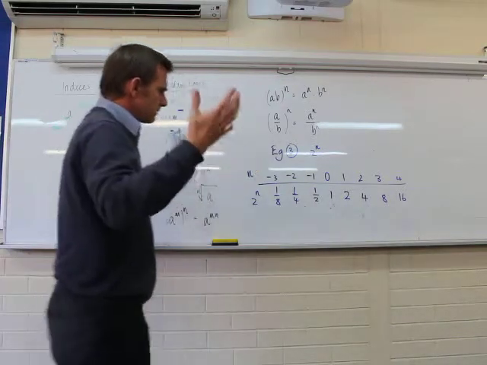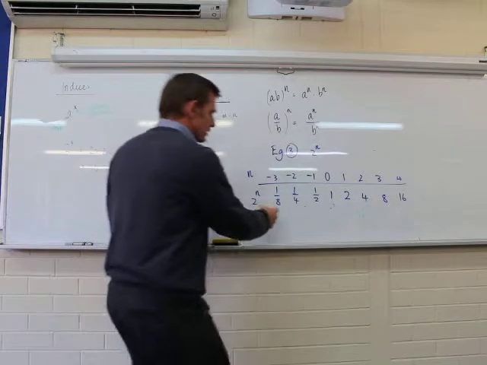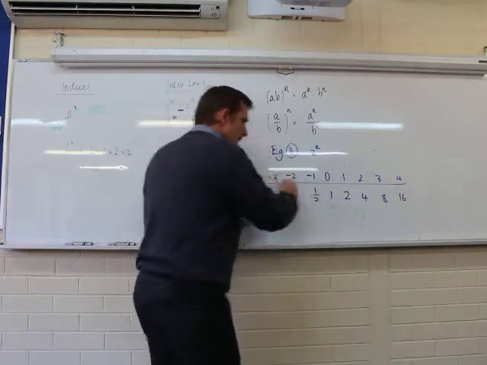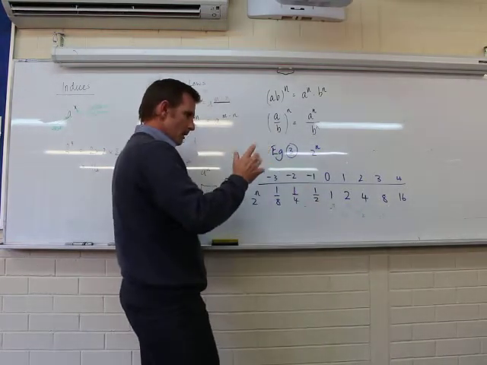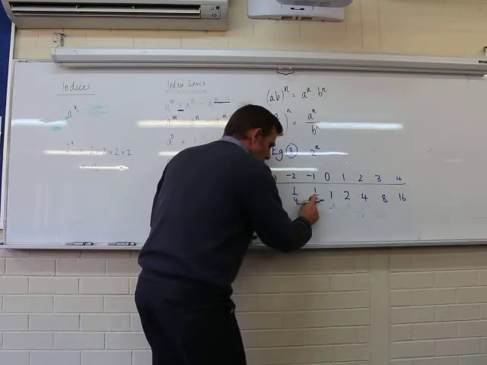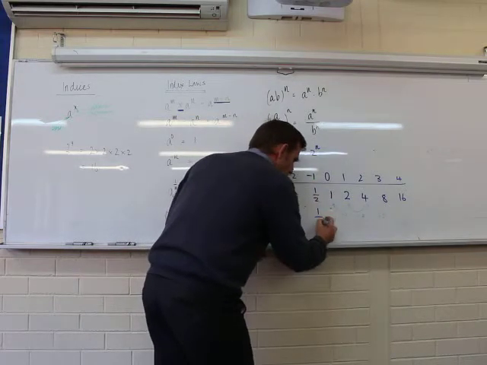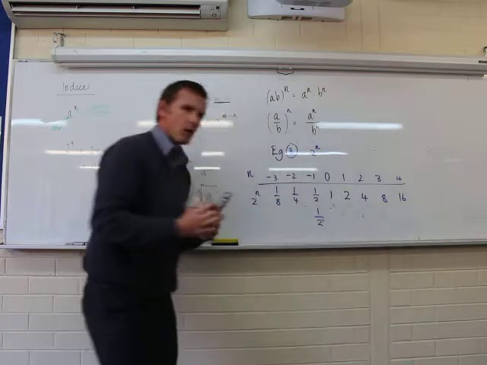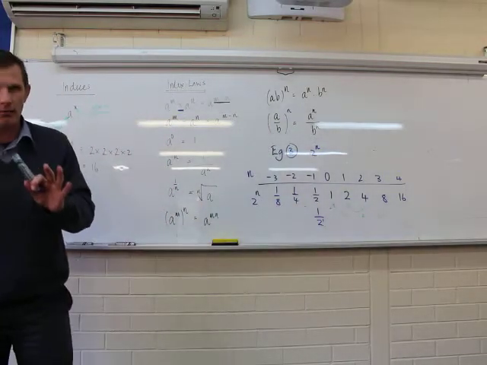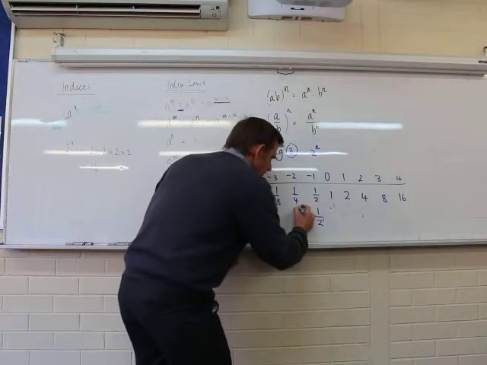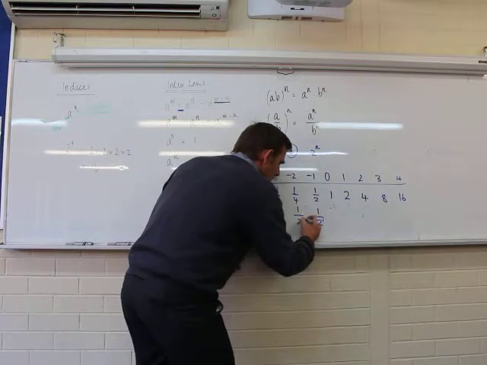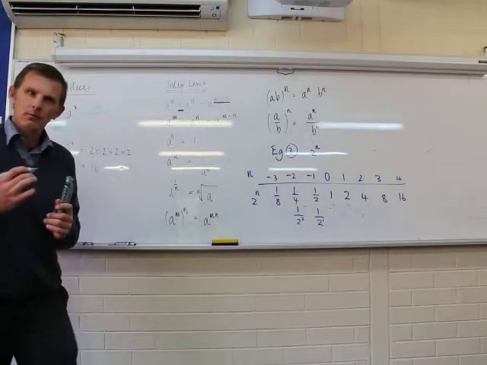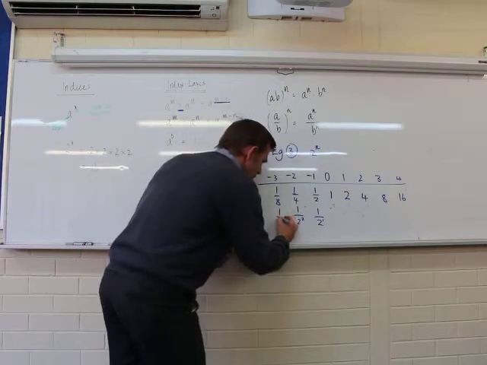Now you might go, yeah, okay, great. So what? Let's re-express these in a different format for me. Okay? So couldn't I write this one as 1 over 2 to the power of 1? Haven't really changed anything, I know. Let's do the next one. Couldn't this be 1 over 2 squared? And couldn't this be 1 over 2 cubed?